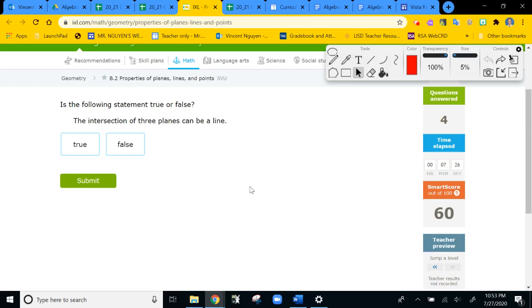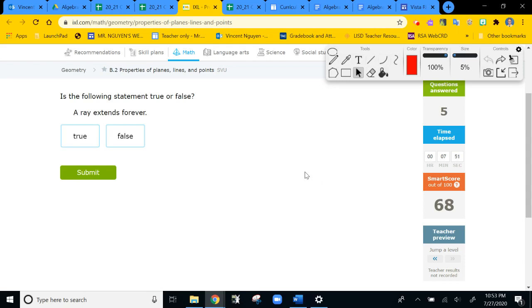If they intersect, they intersect on a line, but that line also travels indefinitely. So I'm going to say this is a true statement, that the planes can intersect on a line. So I'm going to hit true and submit.